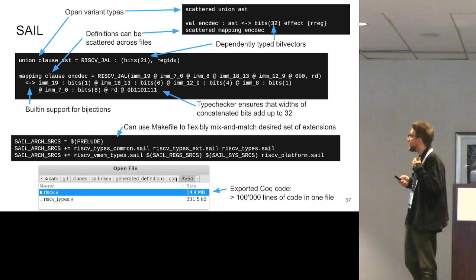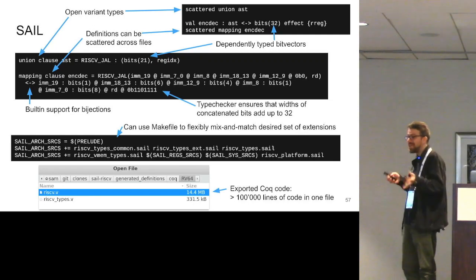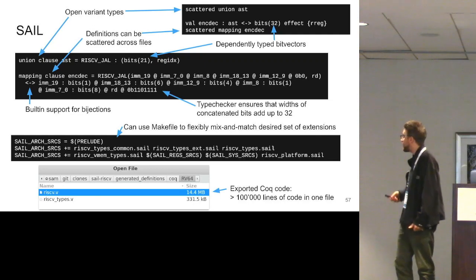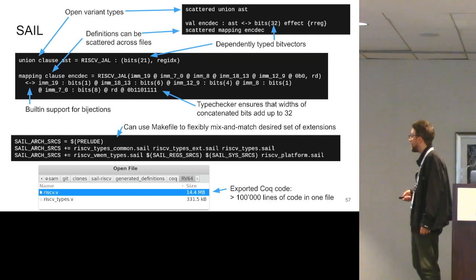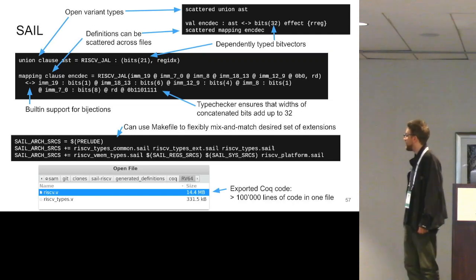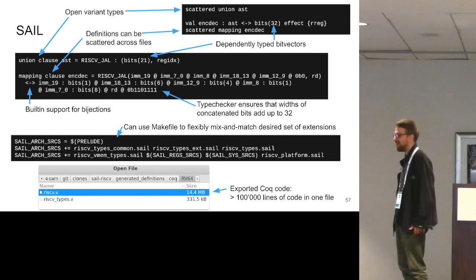But a big drawback is that they can export Coq code, but it just creates two files, one of which is huge, and no one wants to use such a huge unreadable file.